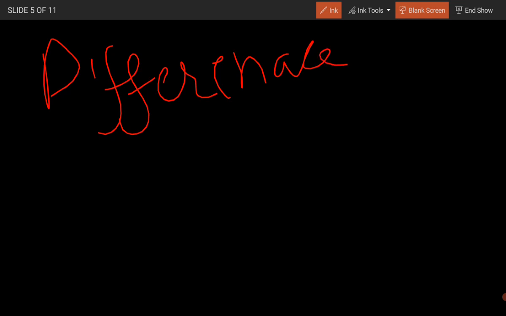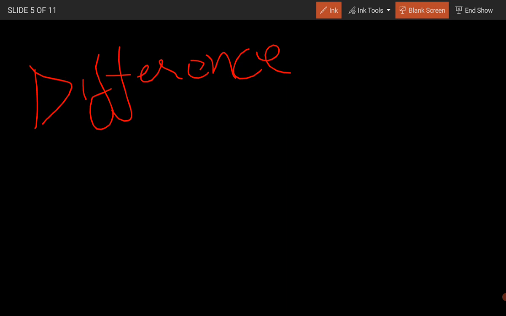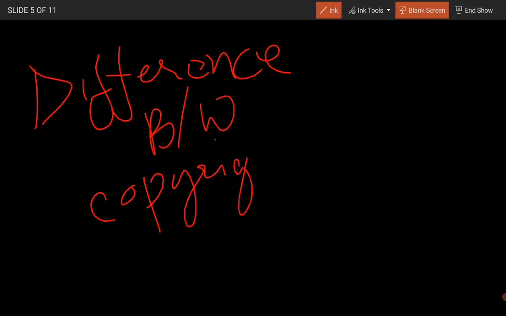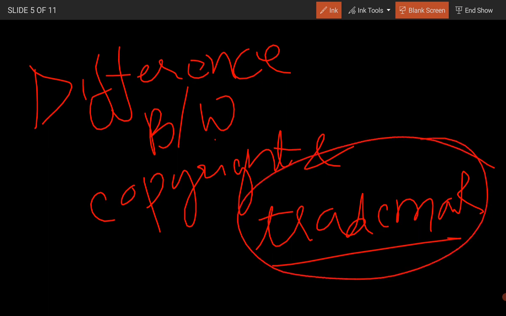If anyone asks you what is the difference between copyright and trademark, trademark is protected when it comes into the market, meaning whenever it is first used.